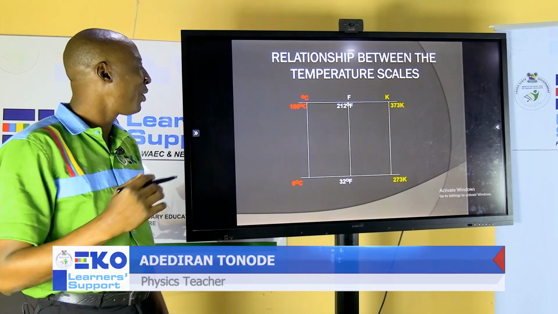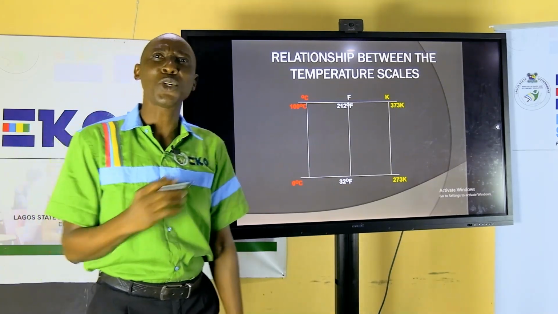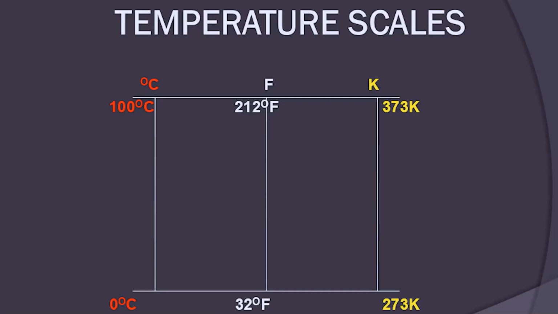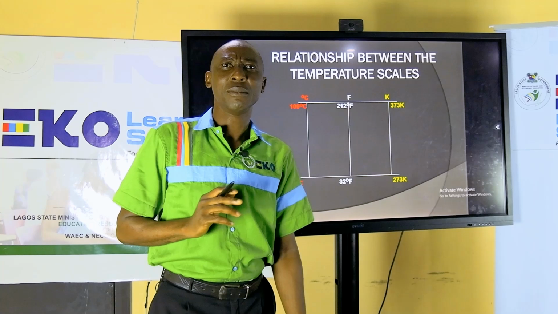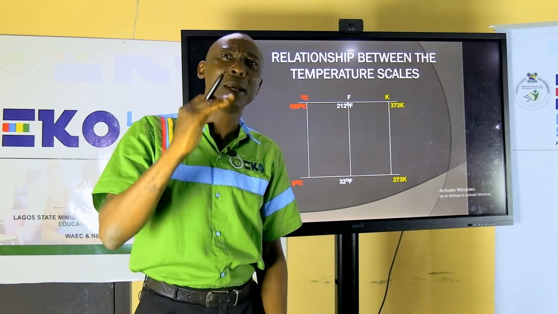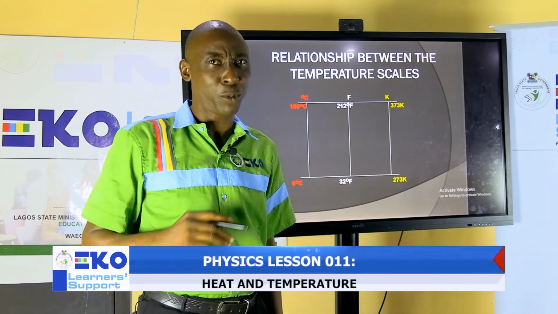The Celsius scale, otherwise known as the centigrade scale, the Fahrenheit scale, and the Kelvin scale. Don't forget we said each of them has 2 fixed points: upper fixed point and lower fixed point. I want to tell you, my students, if you know the boundaries, you won't have any problem.